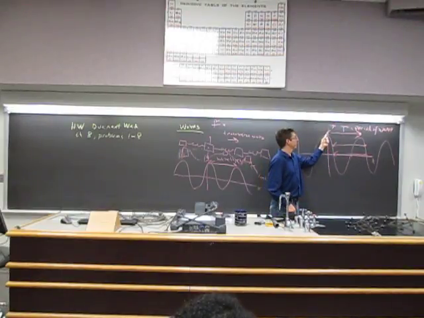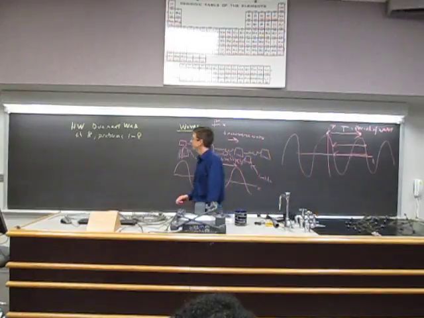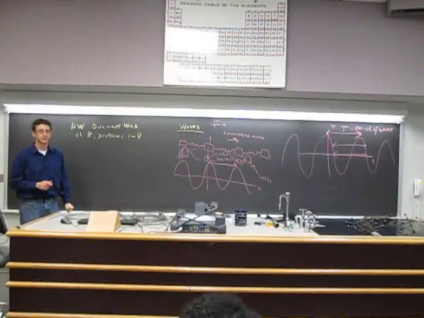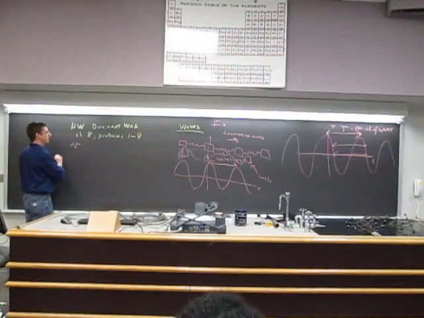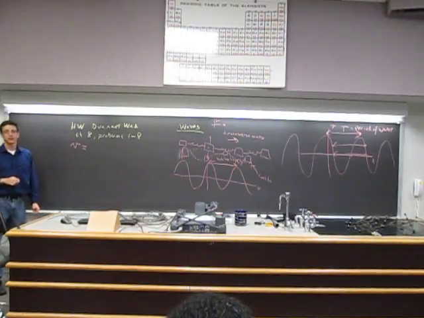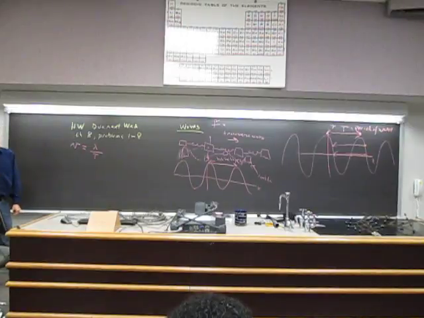If I looked at one point in space, it would go up and down, back to its original position, as one wavelength passed through it. So this gives me a way to look at the speed of the wave. The speed of the wave, v, is equal to lambda divided by the period of the wave. The wavelength divided by the period of the wave.